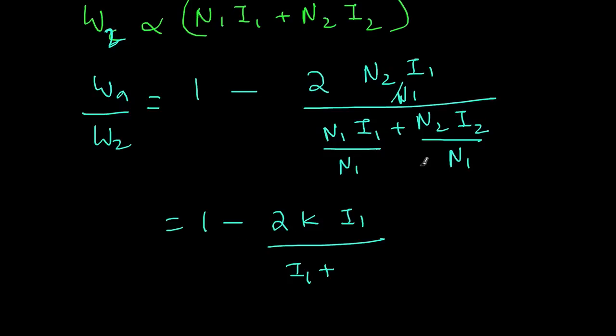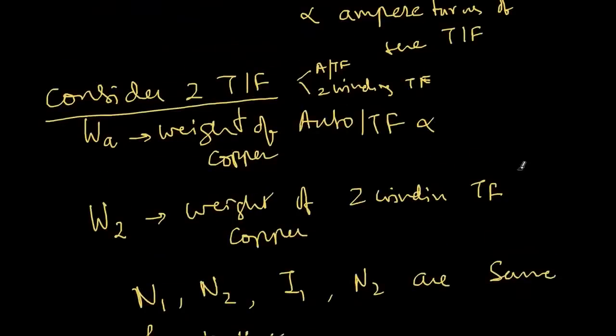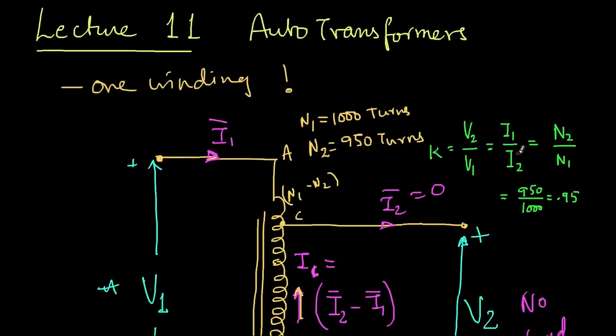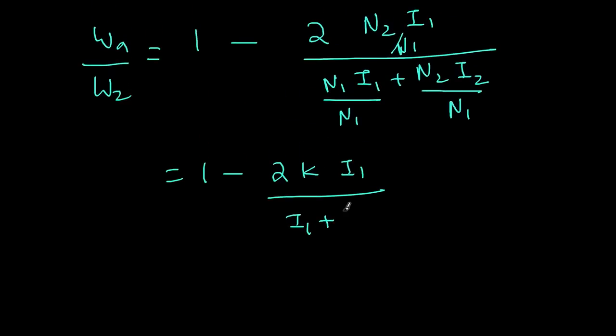So what is N2 by N1 into I2? If I go up, N2 by N1 multiplied by I2, if I take I2 to the other side, is nothing but I1. So I1 is N2 by N1 into I2. Using that relation, I substitute it here.